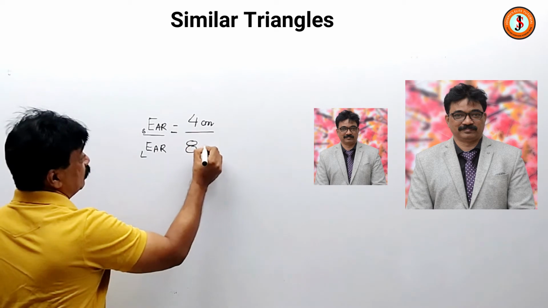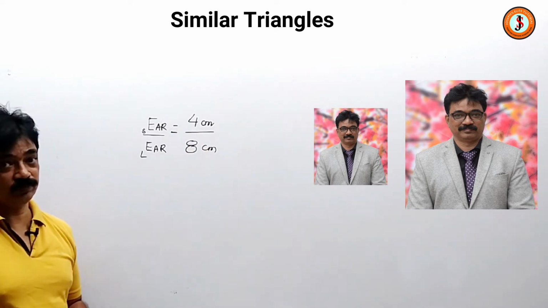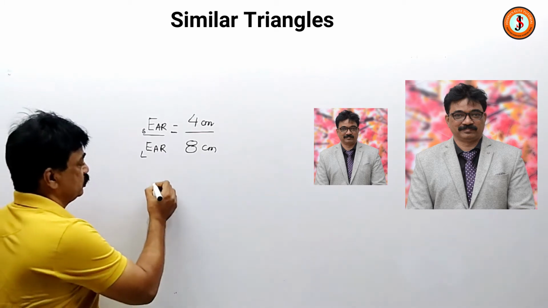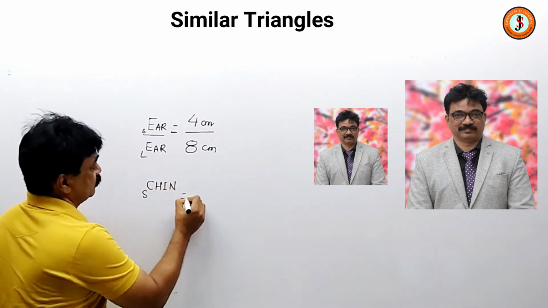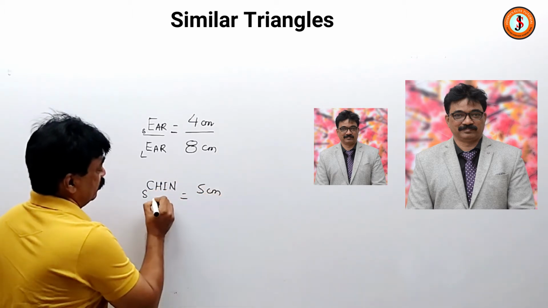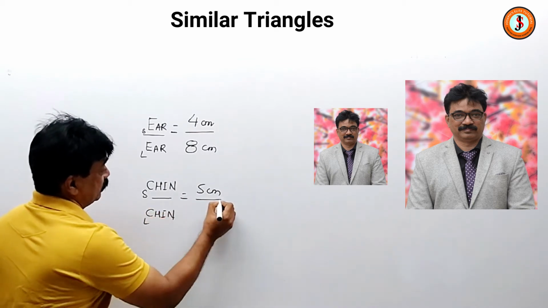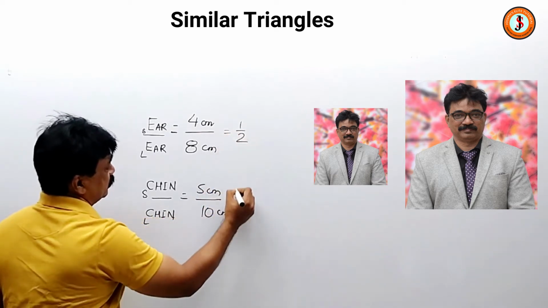It will be double, because I have dragged and increased every part by the factor 2. The same thing, if my chin in the smaller photo is 5 centimeter, my chin in the larger photo will be 10 centimeters. So the ratio will always come 1/2.